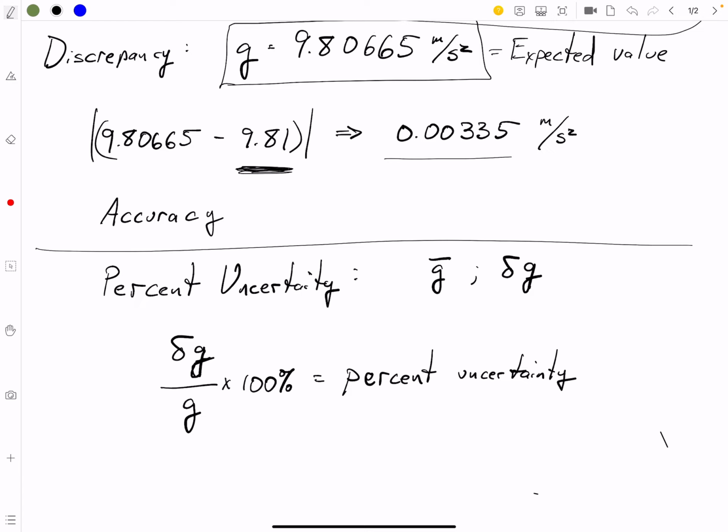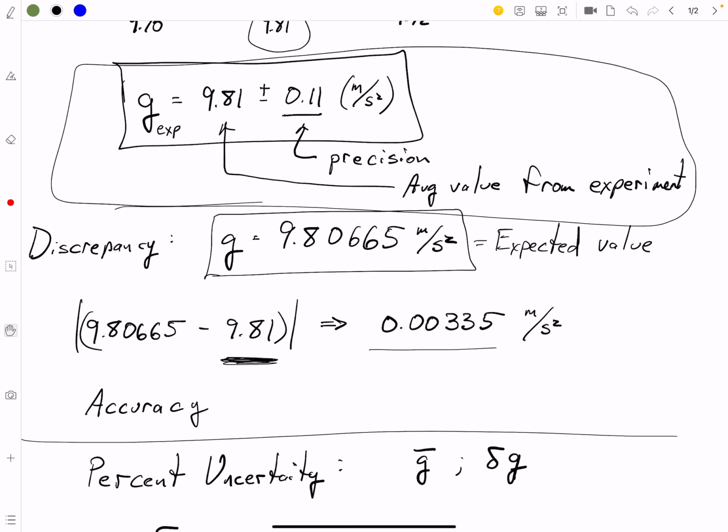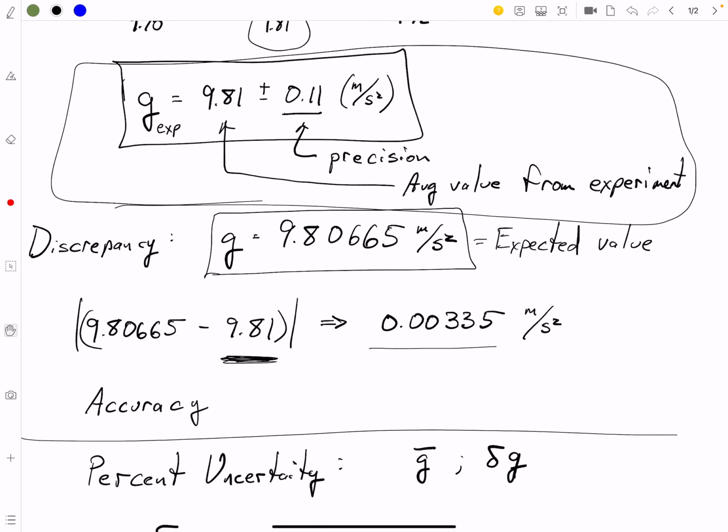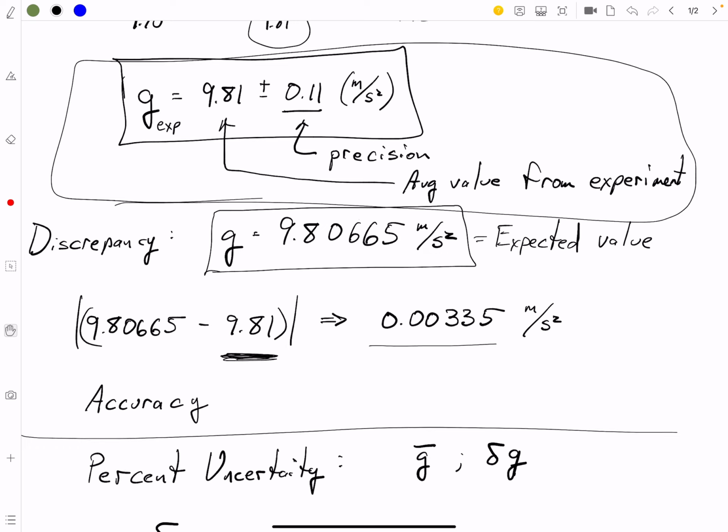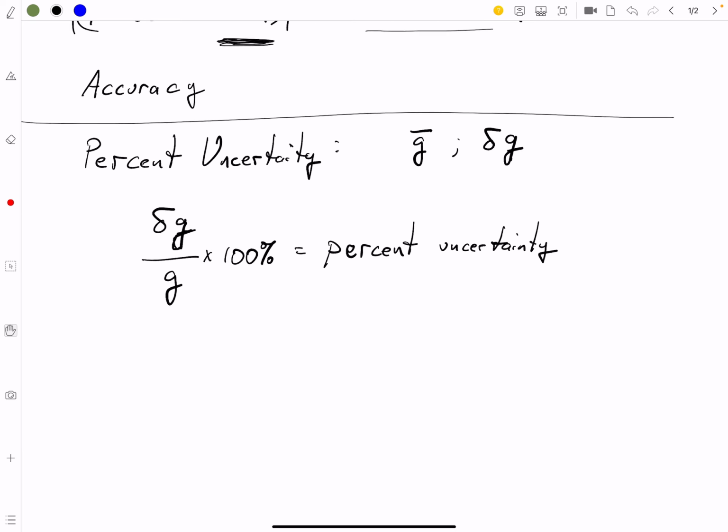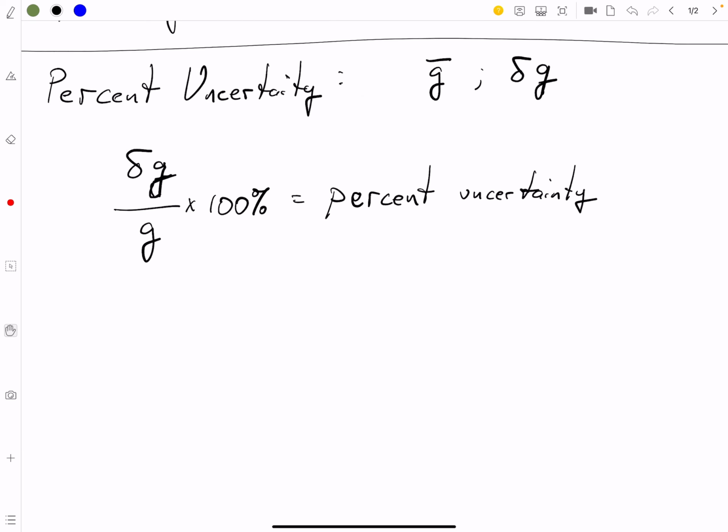So in our case, let's go back up a little bit and get our numbers. 9.81 and then 0.11. So we're going to divide 0.11 by 9.81, and multiply that by 100%.